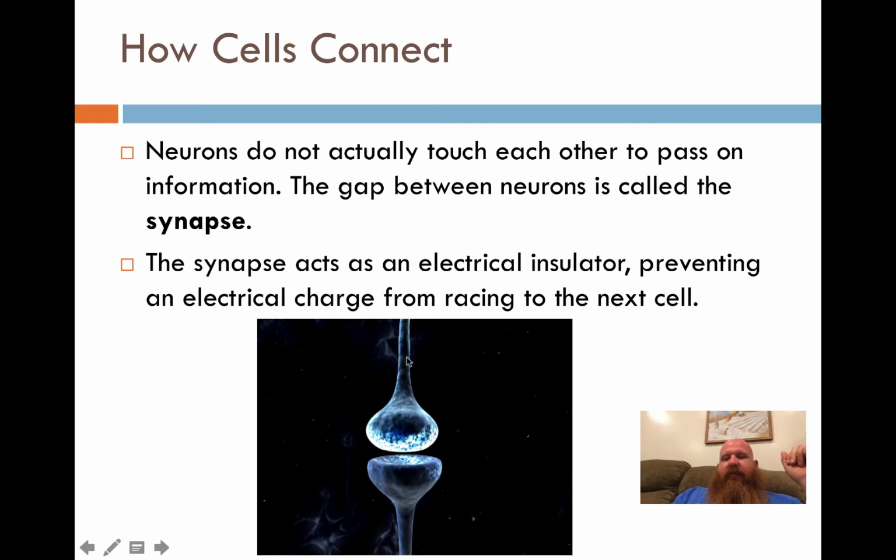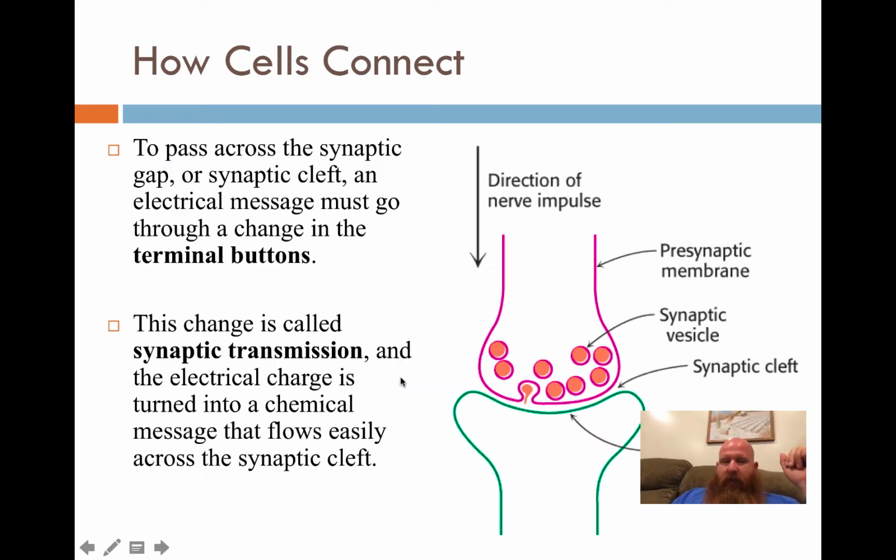And what happens, there's a change that takes place to the signal. It goes from an electrical signal to a chemical signal. And that transition is called the synaptic transmission. The electrical charge is turned into a chemical message that flows easily across the synaptic gap.